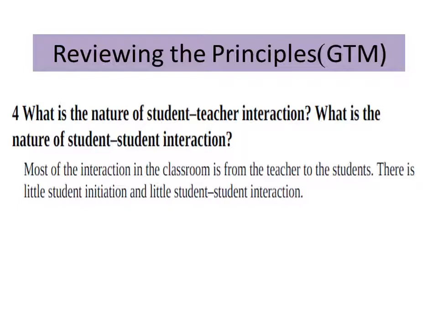Then we have a summary of the most important characteristics of the teaching and learning process according to the grammar translation method, in which we mentioned the emphasis upon written language, the emphasis upon knowledge and memorization of vocabulary items, and knowledge and memorization of grammatical structures. Now we start with item 4, which is related to the nature of student-teacher interaction and the nature of teacher-student interaction.